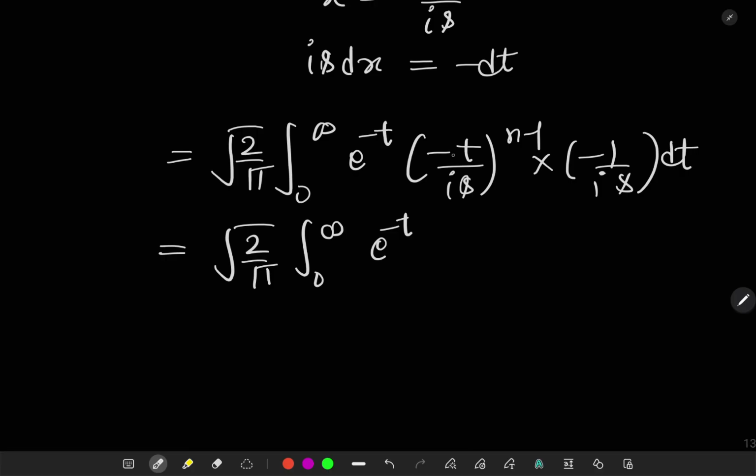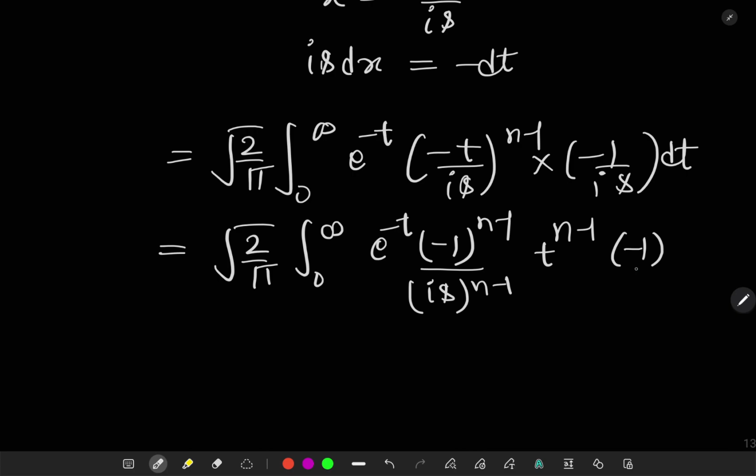Here you can see there is minus 1 divided by iota x in this term, so we can take common, or we can write here t raised to power n minus 1 into minus 1, here dt.